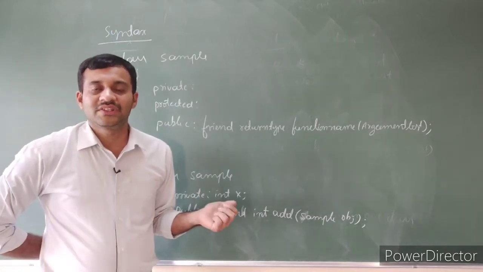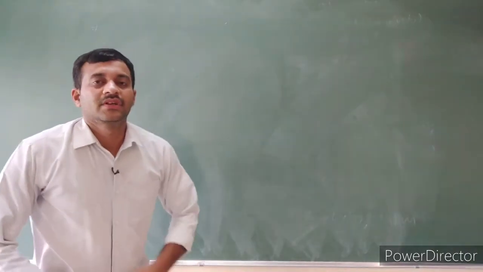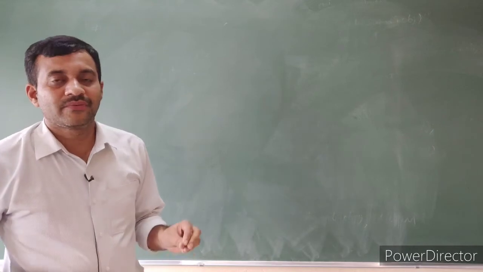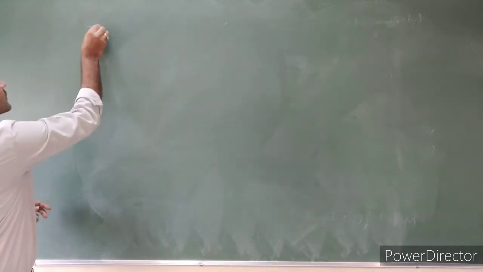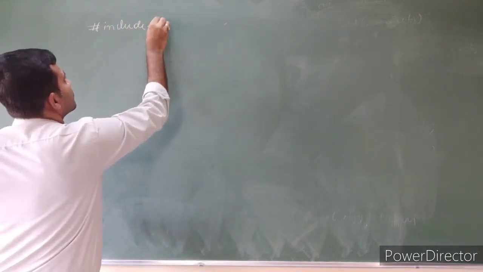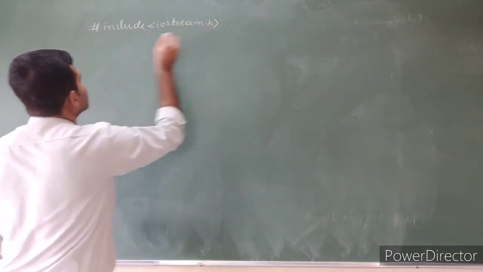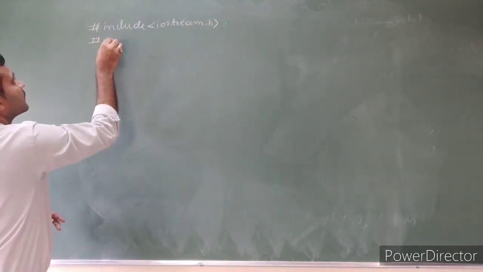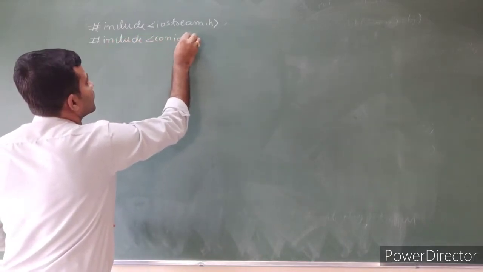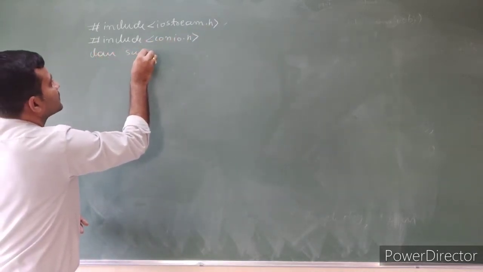Let's see the working principle of the friend function using a program. Let's discuss the program to add two numbers using a friend function. The class name is sum.